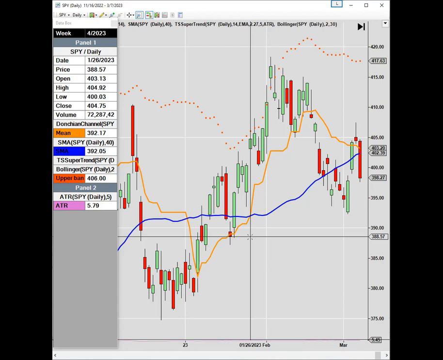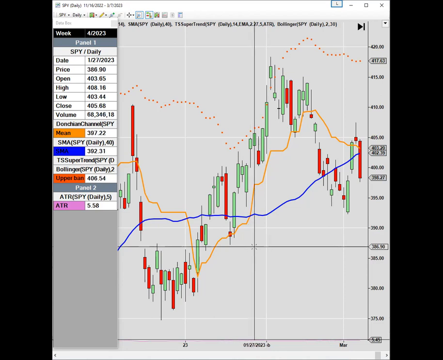So we have a trade signal that gives us direction, and the ATR gives us a magnitude of movement to use as a profit target.